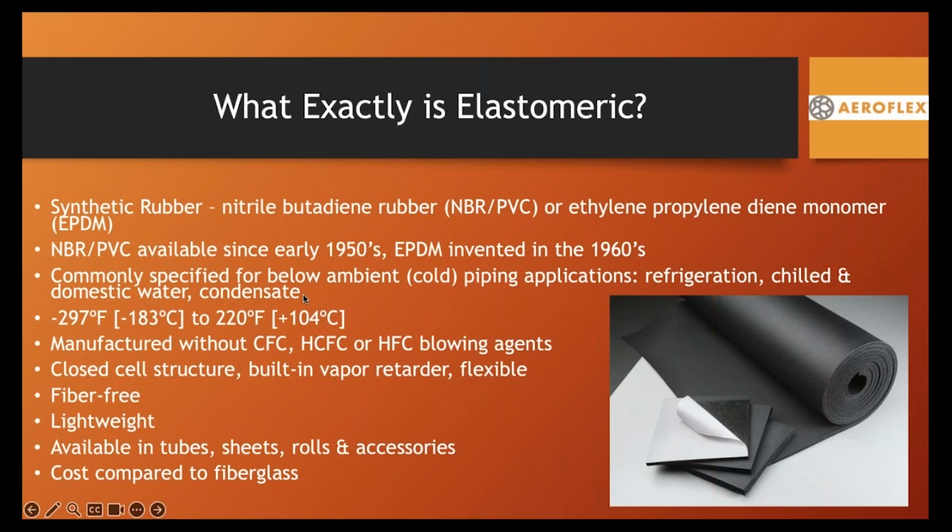Where we do see it being specified most often are projects that have the budgets. For example, K through 12 schools, universities, civic projects like libraries, performing arts centers, healthcare, hospitals, medical office buildings, and government buildings such as courthouses and federal buildings.